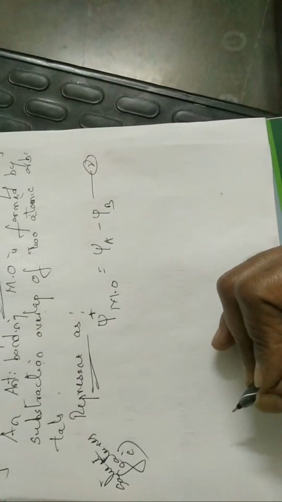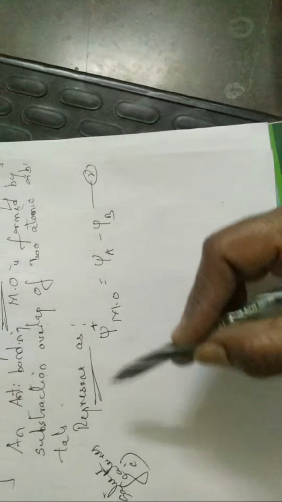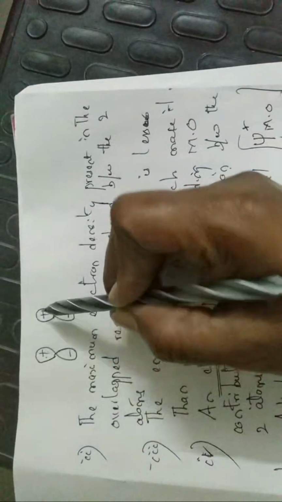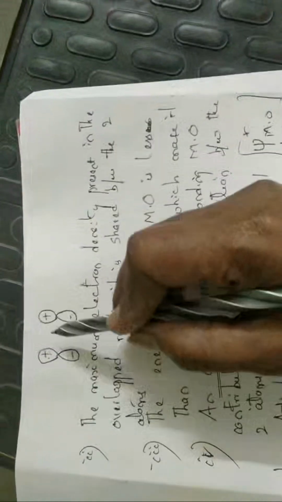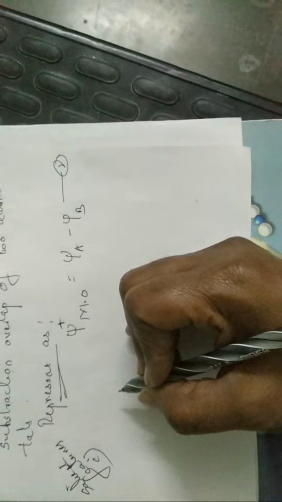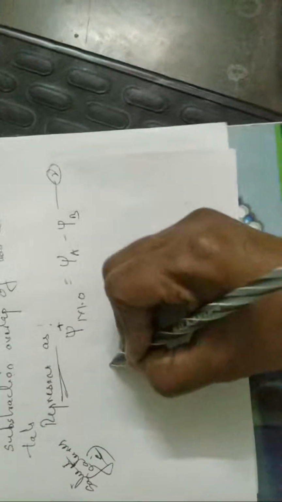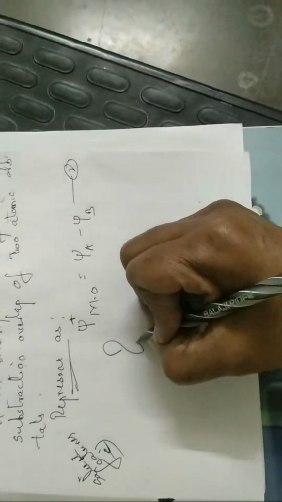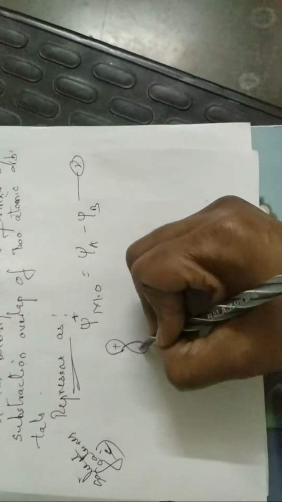In a bonding molecular orbital, two lobes of two atomic orbitals of the same sign overlap, plus plus or minus minus. But here, the same sign will not overlap; opposite sign will overlap.